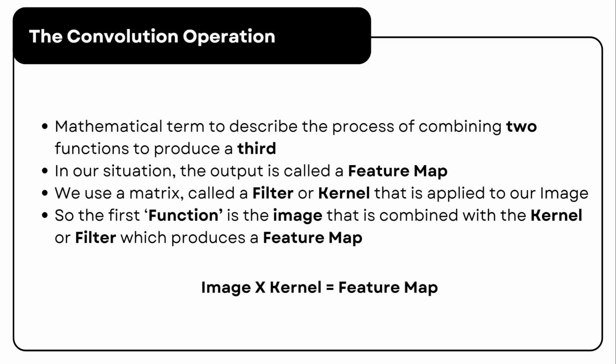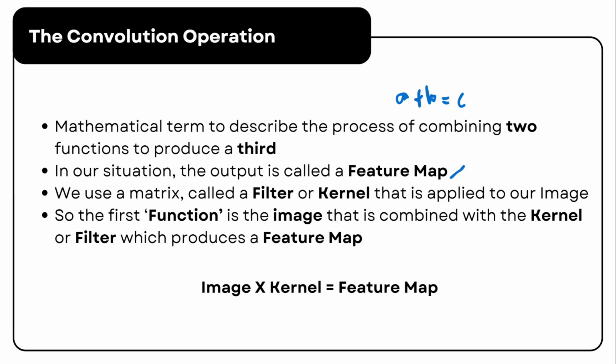So if you think about it, for example, A plus B is equal to C. So it describes the process of combining two functions to produce a third. However, in our situation, we call the output the feature map in this case.